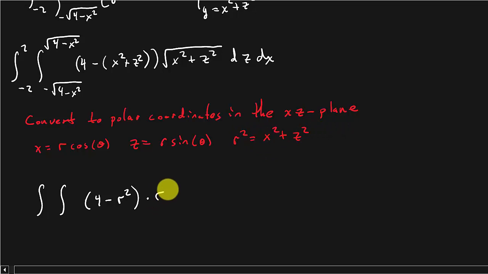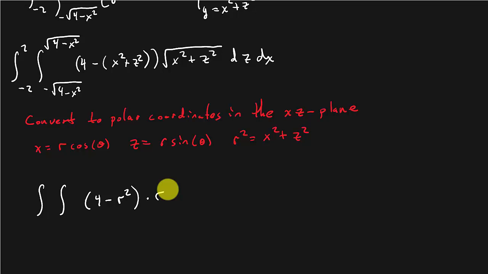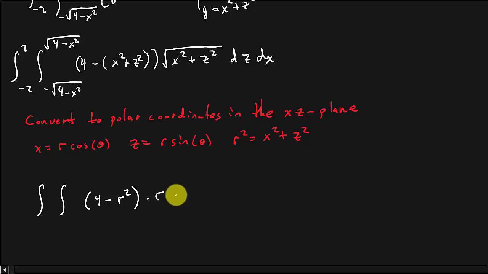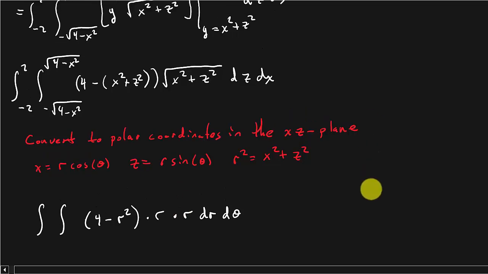So that right there is replacing everything. And then remember, it's times r dr d theta. Don't forget you've got to multiply times that r there. Now let's get our limits.